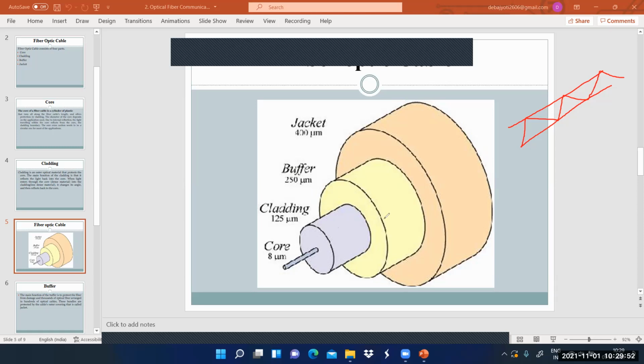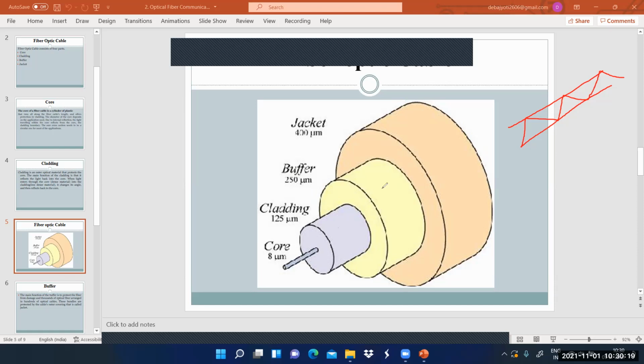So the third one is the buffer. The buffer is situated between the cladding and the jacket, and the diameter of the buffer is 250 micrometer. The main function of the buffer is to protect the fiber from damage.